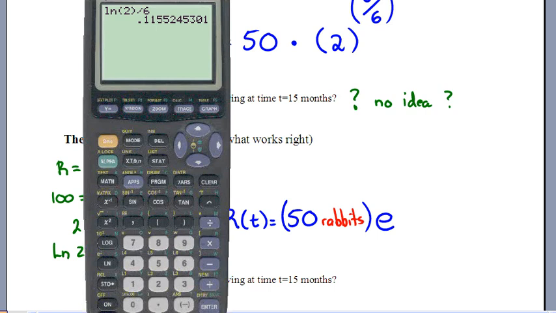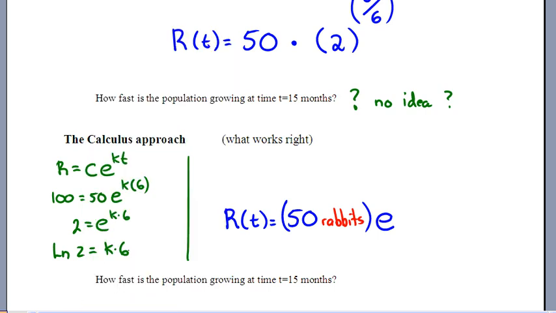0.1155. The units are really strange because this 6 right here is 6 months. So the k is actually ln 2, which has no units, divided by months. Up here in the exponent, it's going to work really, really well: 0.1155.